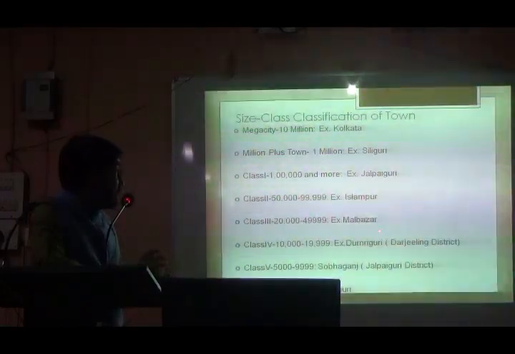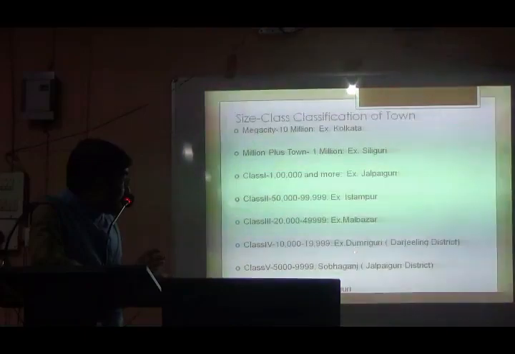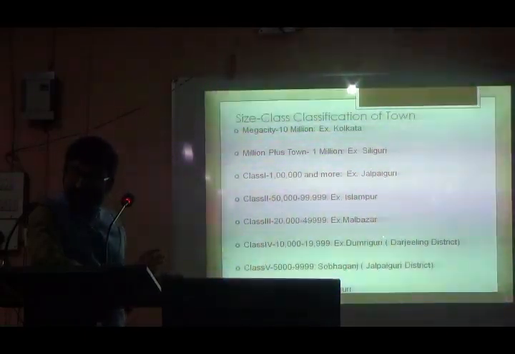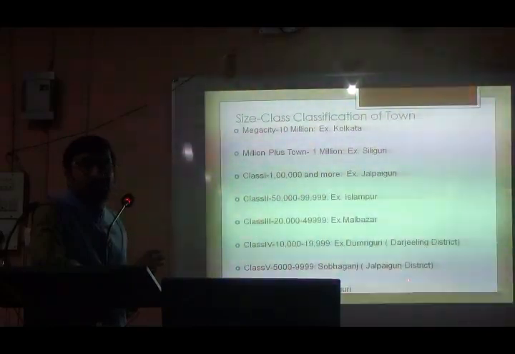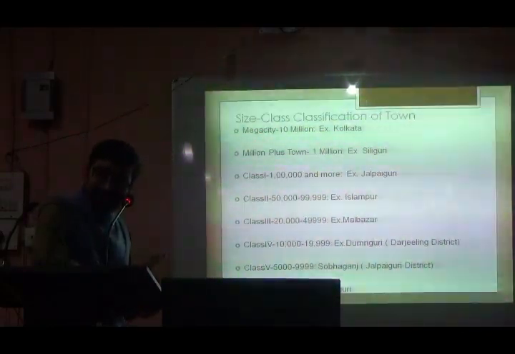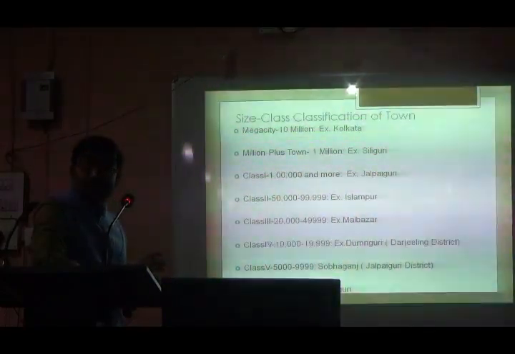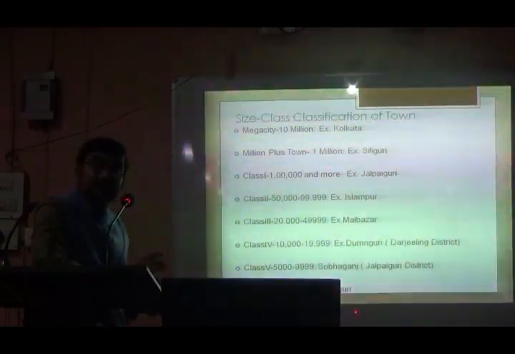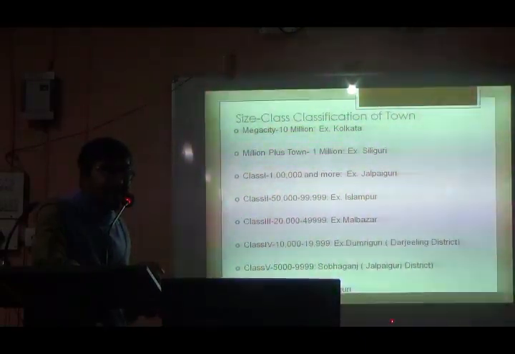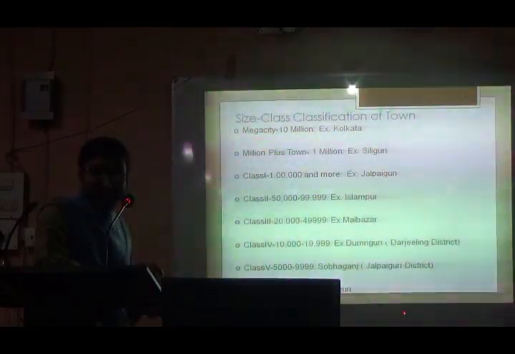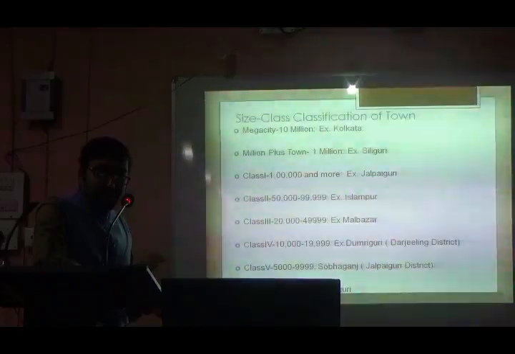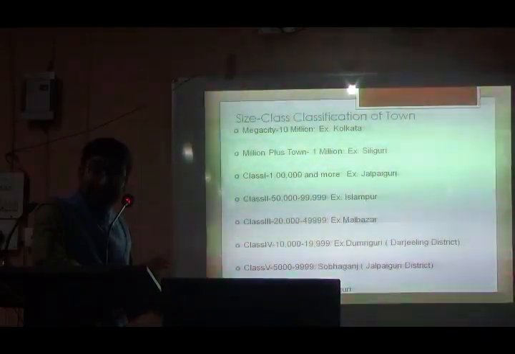But the cities of the last order or the lower order are not remarkable, but they are promising, because lower order cities or towns have the potentiality to decentralize urbanization. They can decentralize the process of urbanization, and that is very essential for balanced urbanization, more specifically for developing countries like India.